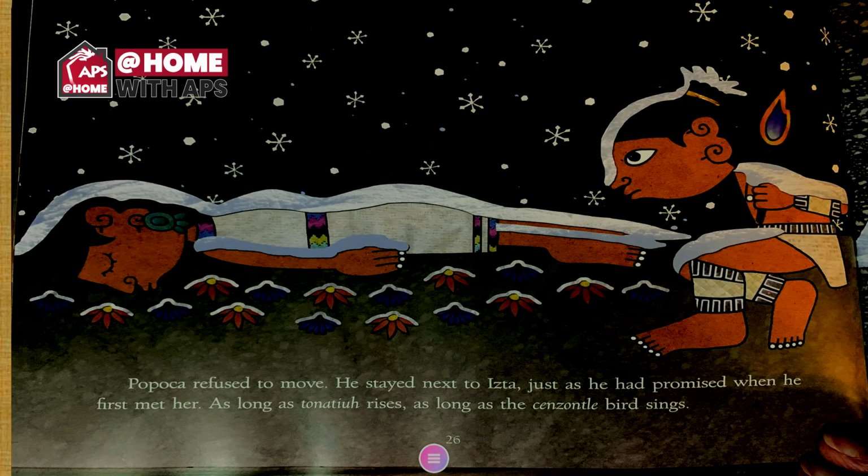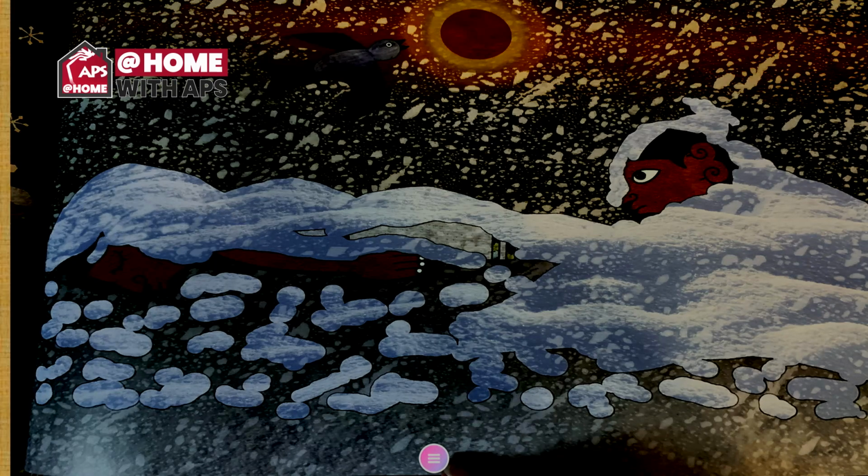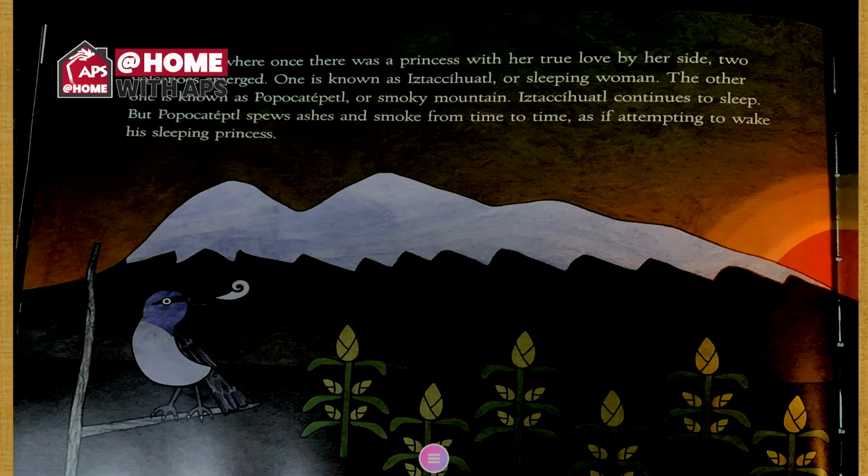Popoka refused to move. He stayed next to Itza, just as he had promised when he first met her: as long as Tonatiuh rises, as long as the songbird sings. In time, where once there was a princess with her true love by her side, two volcanoes emerged.